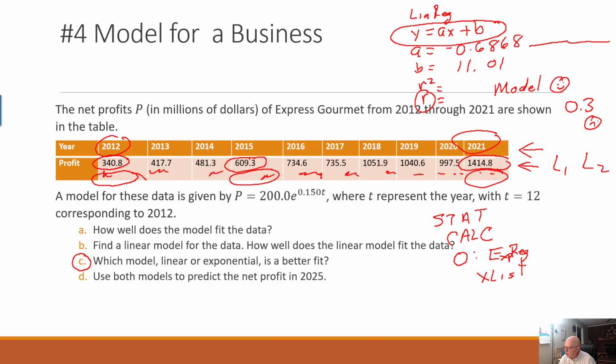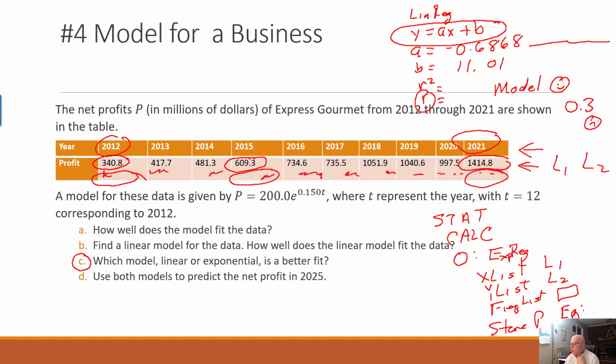And if you've been following along, it probably already says L1. Where it says Y list, it probably already says L2. The frequency list should be a big blank, and store regression equation probably is a blank.